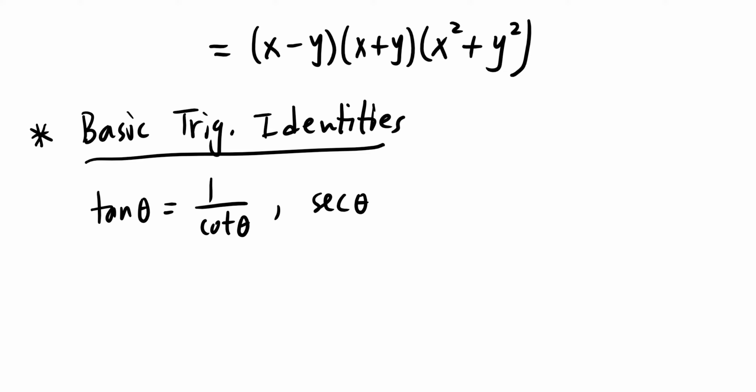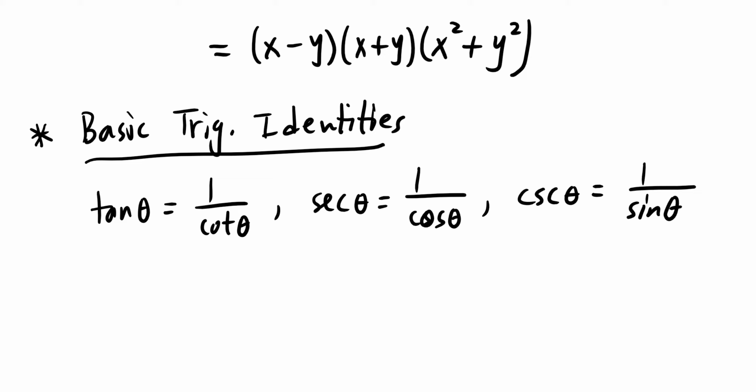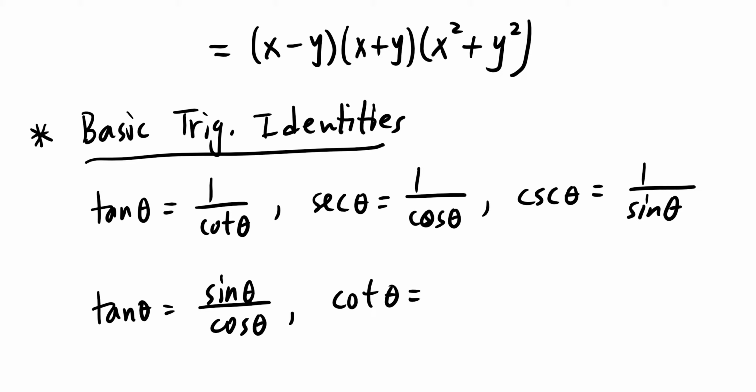Secant theta is 1 over cosine theta. Cosecant theta is 1 over sine theta. Those are the reciprocal identities. We know the ratios. Tangent theta is sine over cosine, and cotangent theta is cosine over sine.